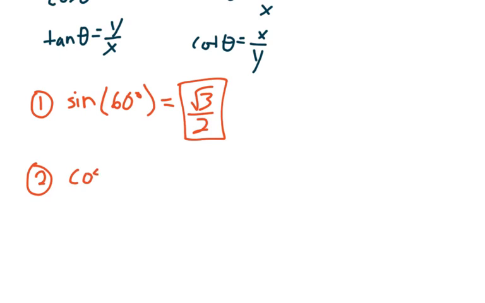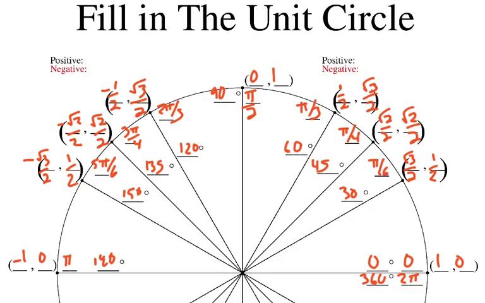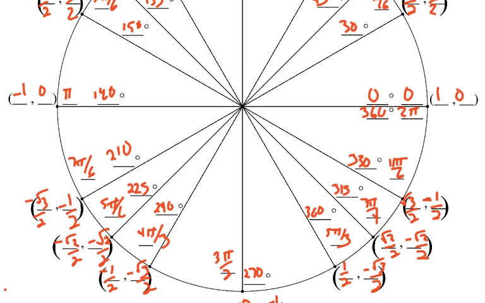So now cosine of 5 pi over 4. Here, I'm going to go to 5 pi over 4 on my unit circle, and I'm going to find the x value, and that's going to be my answer. So I go to 5 pi over 4. It's not written the neatest on this one.